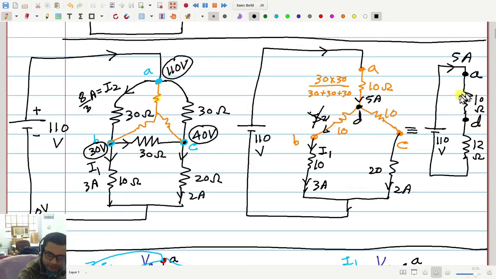This 10 ohm directly, and from D to this bottom point, we have 10 and 10, 20 parallel 30. So this is equal to 20 parallel 30, that is equal to 12. If I call it node E, this is node E.